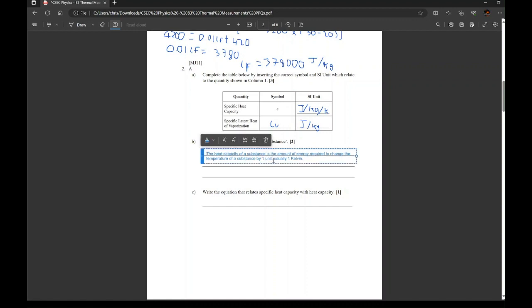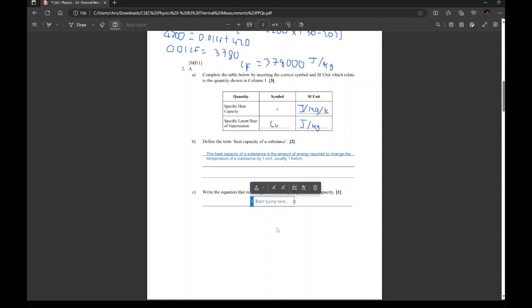It's implied that we change the temperature. So basically the difference between specific heat capacity and regular heat capacity is the mass, really. So that's actually going to come in handy for the next part of this question.